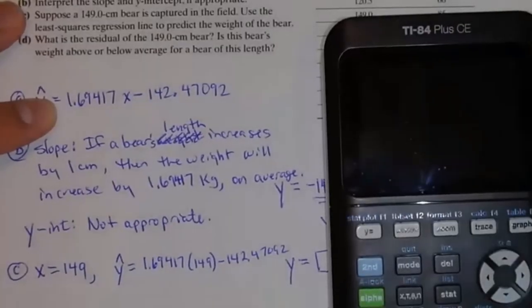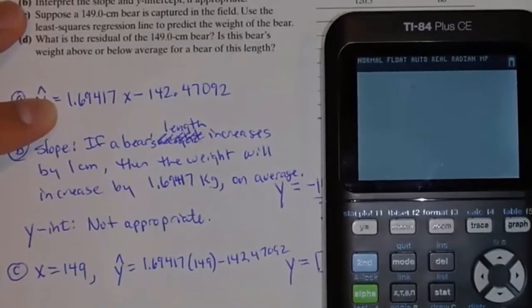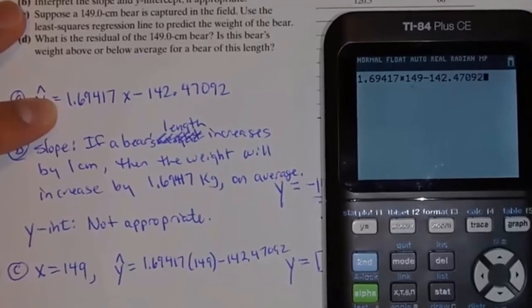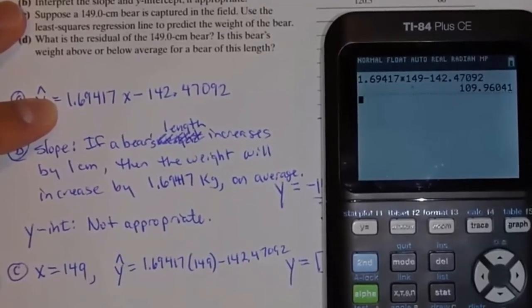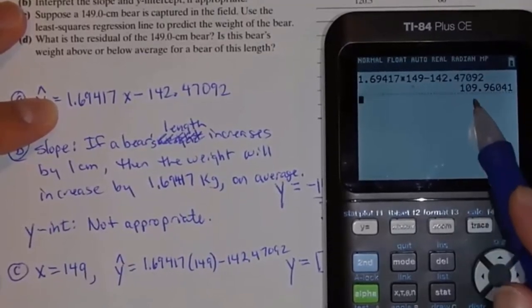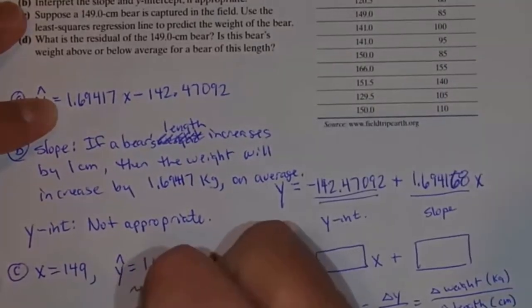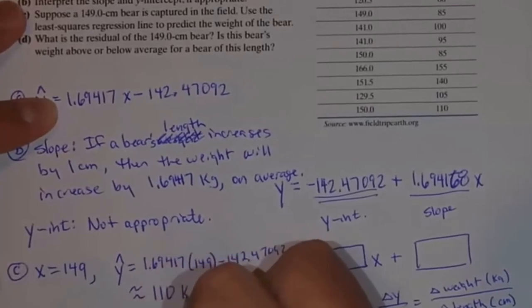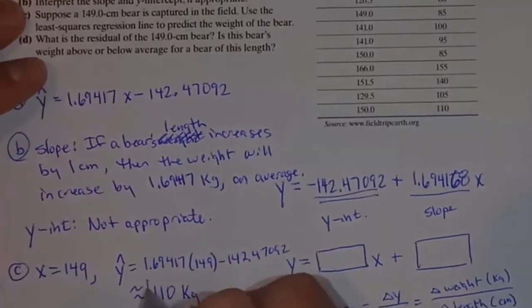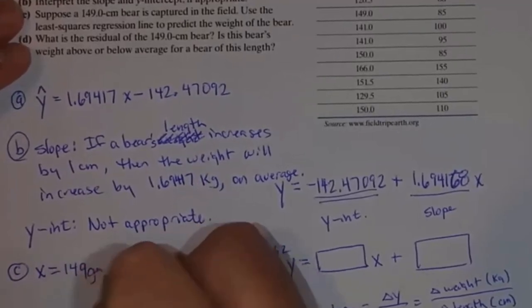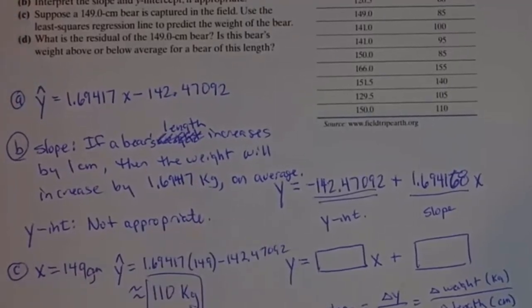So if I punch that in my calculator, 1.69417 times 149 minus 142.47092, that is about, I'm going to just round that to a whole number, about 110 kilograms. So I would predict that this 149 centimeter bear would weigh 110 kilograms.